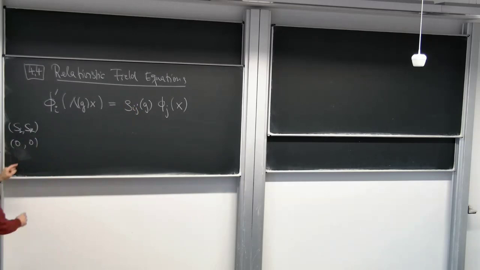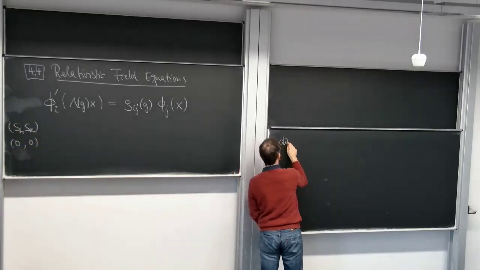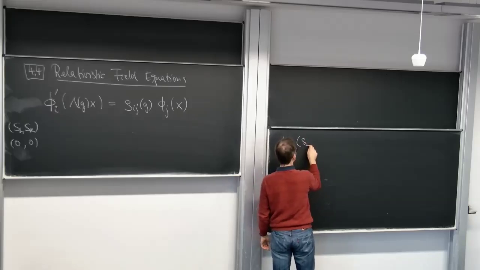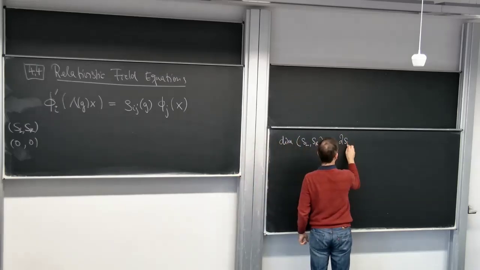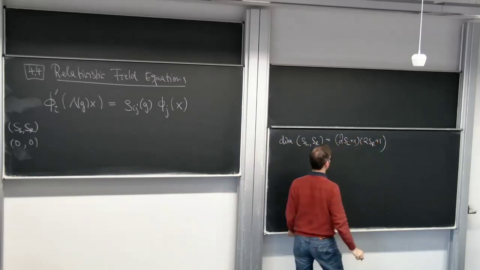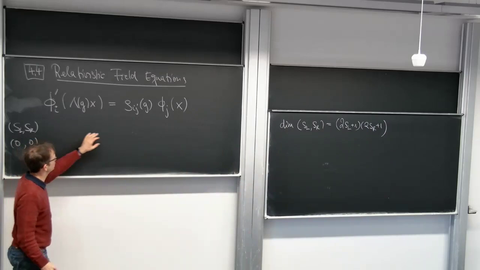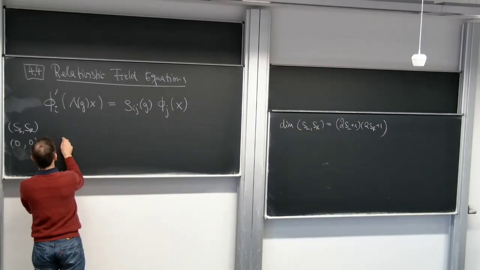The dimension of this representation (s_L, s_R) is (2s_L plus 1) times (2s_R plus 1). This is a one-dimensional representation, which means it's just a 1, so it's nothing. And then you call this field a scalar field.